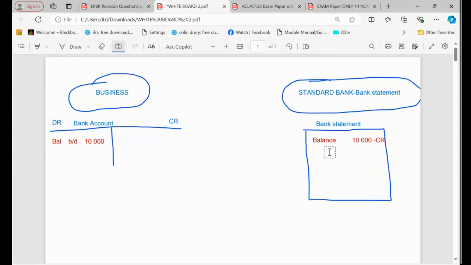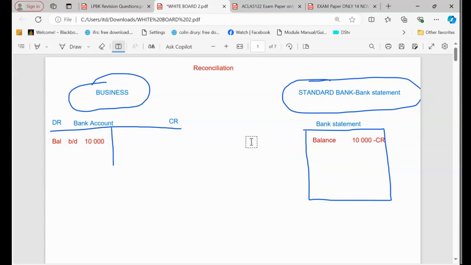Okay. And then you must know that the books are not always the same. Here we are lucky, we've got 10,000 and 10,000. Sometimes you can find that the amounts are not the same, the totals are not the same. That's why we need to do this thing called reconciling. So we're doing the reconciliation. We want everything to be the same.